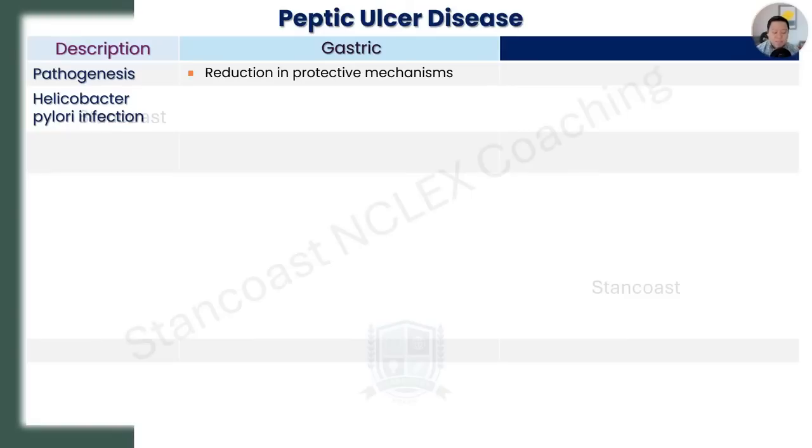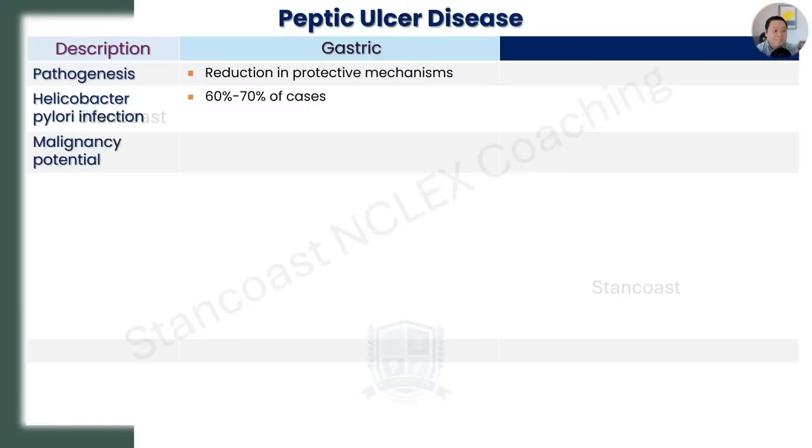And so the infection rate is slightly lower in gastric ulcer compared to the duodenal ulcer. So we have about 60% to 70%, because other factors, let's say NSAIDs, also play a significant role in gastric ulcer formation.